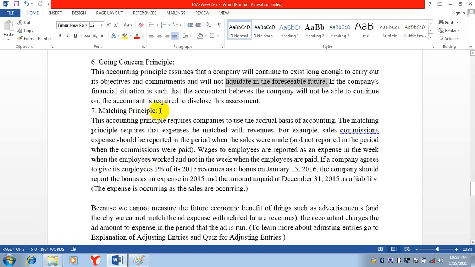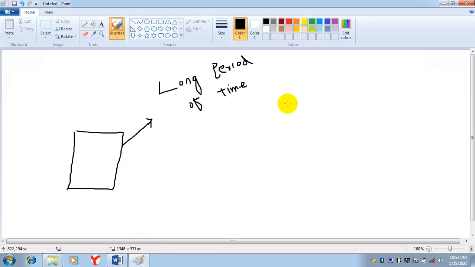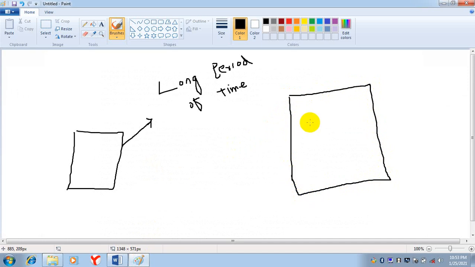The next principle is called the matching principle. Matching principle means that revenues of one accounting period will be matched with the expenses of the same accounting period.